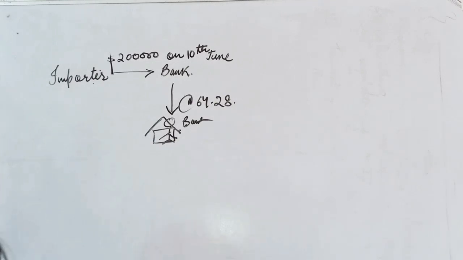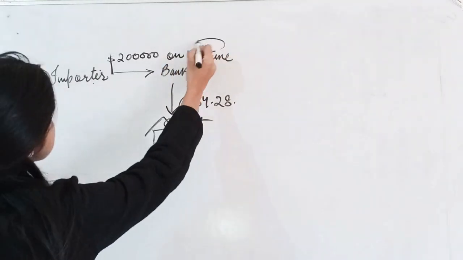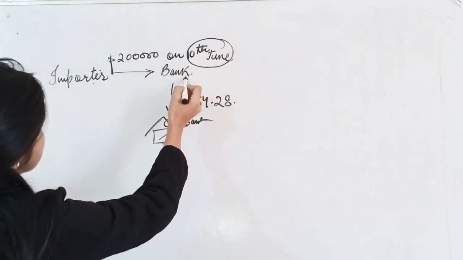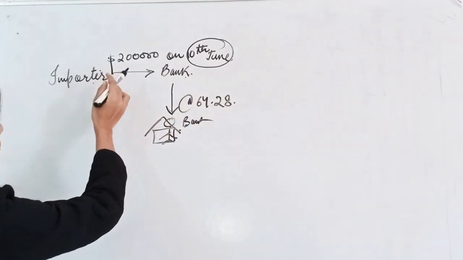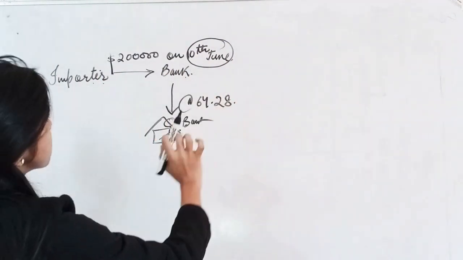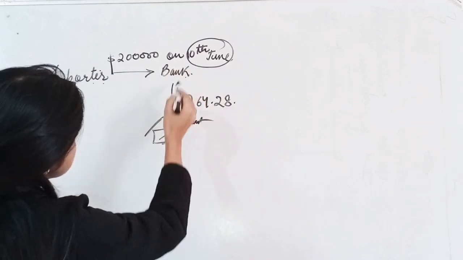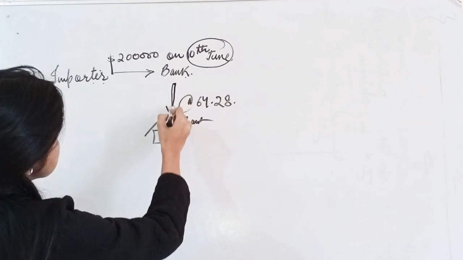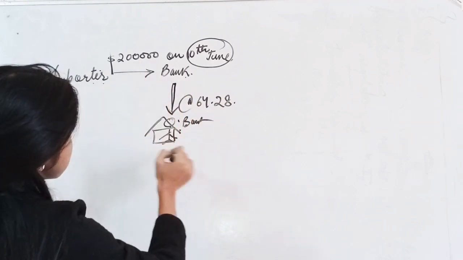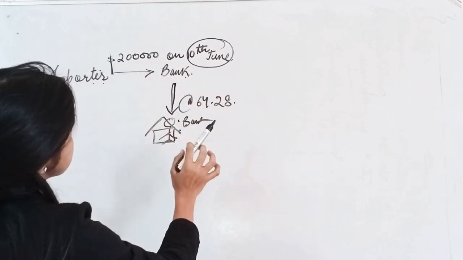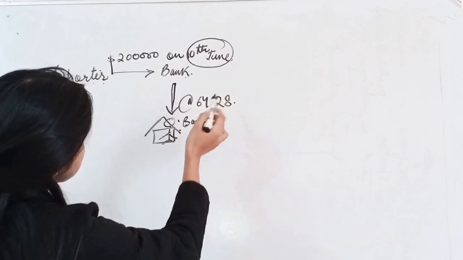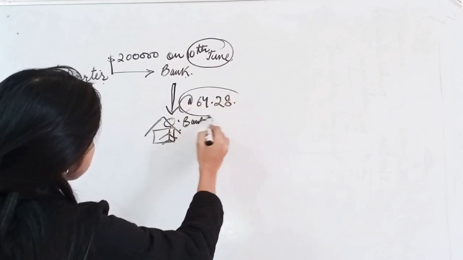So, what will happen on 10th of June is that the bank will wait for the importer, but the importer didn't come on 10th of June. But this bank will say that you have agreed for buying $2 lakh from me, so you have to mandatorily buy from me at the rate 64.28.